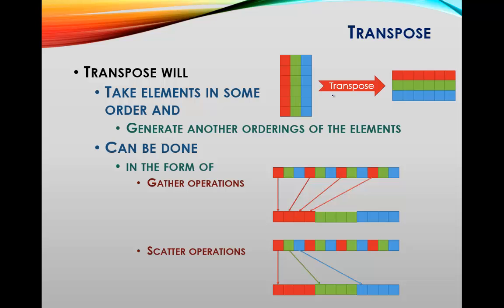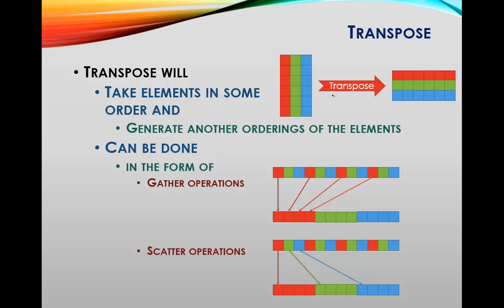One of the most basic examples of these patterns of operation, which happens over and over frequently, is the operation that is called transpose. A transpose operation will take an element in some order and reorder them, or generates another ordering of these elements. And that is called a transpose.